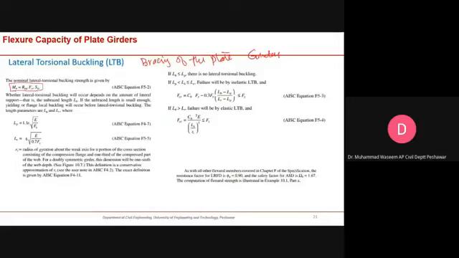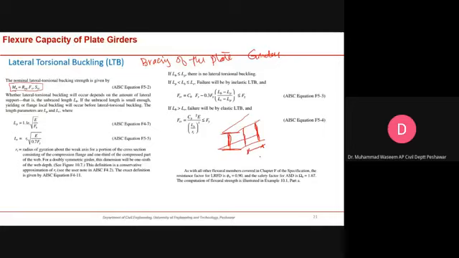Okay, but in order to check the length between the stiffeners, let me draw it here. For example, if this is a plate girder, why is this pen not working, so you might have this stiffener here. Okay, so you have to calculate this length.